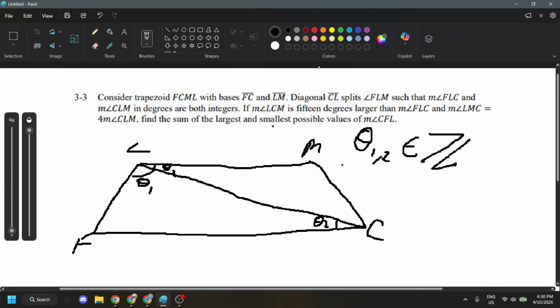Okay. If the measure of LCM is 15 degrees larger than FLC, so we're going to call this theta 3. So theta 3, LCM, is equal to FLC theta 1 plus 15 degrees.